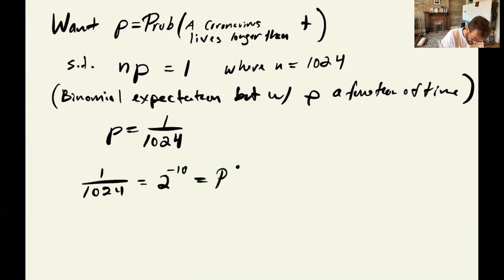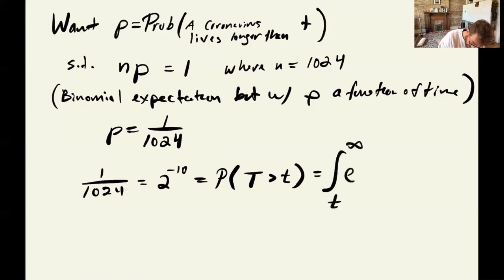It's the same thing as saying that the probability of the lifetime of this coronavirus being greater than t, which is the same thing as integrating from t to infinity, and I'll use a dummy variable, lambda e to the minus lambda s ds, which if you recall is the same thing as e to the minus lambda t once I've canceled out the thing that goes to 0. I want this to equal this.